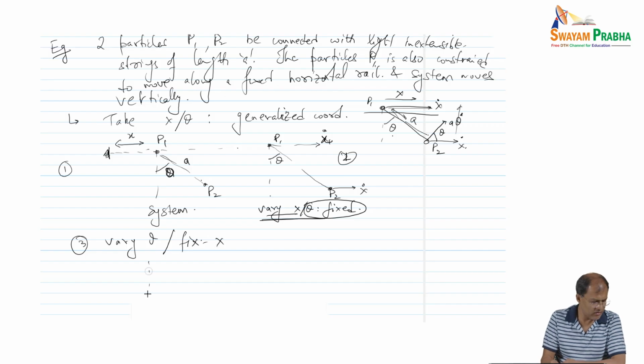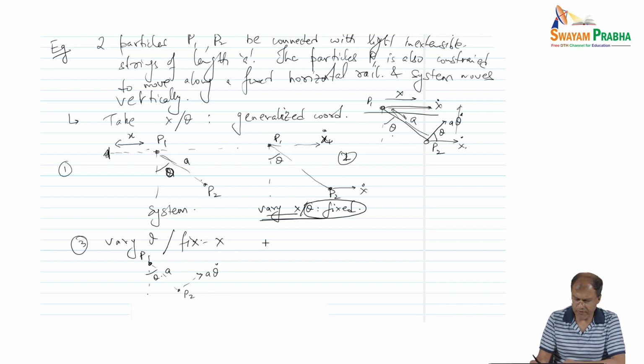And we see that in this case we have P1 times P2, which is A times theta dot. So vary theta and fix x.